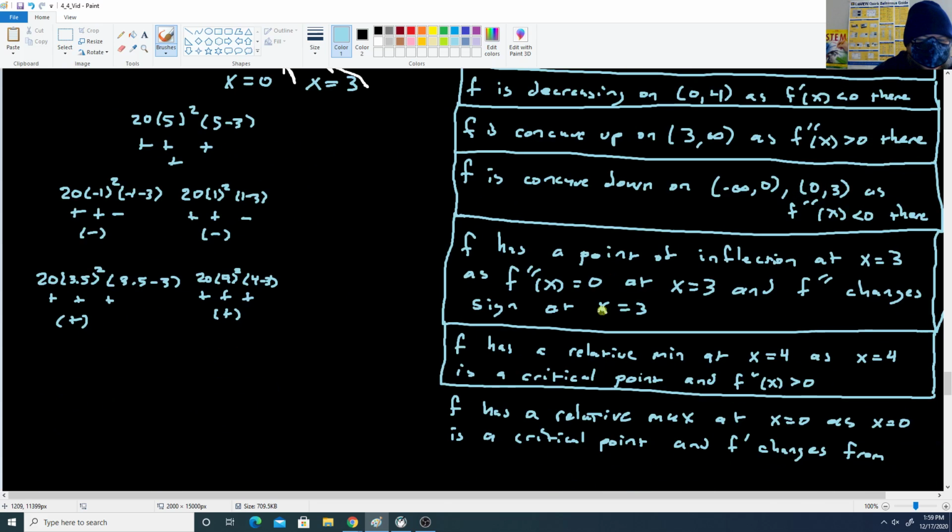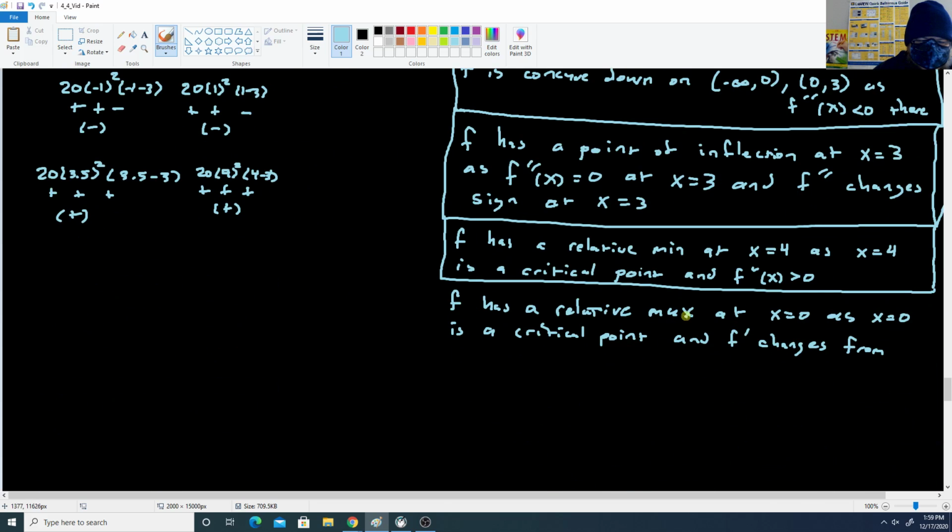From positive to negative. Relative max at x equals 0, as x equals 0 is a critical point, and f prime changes from positive to negative at x equals 0. Okay, so we are done.